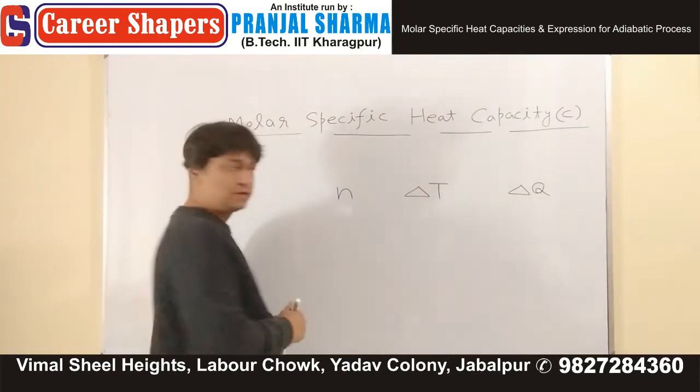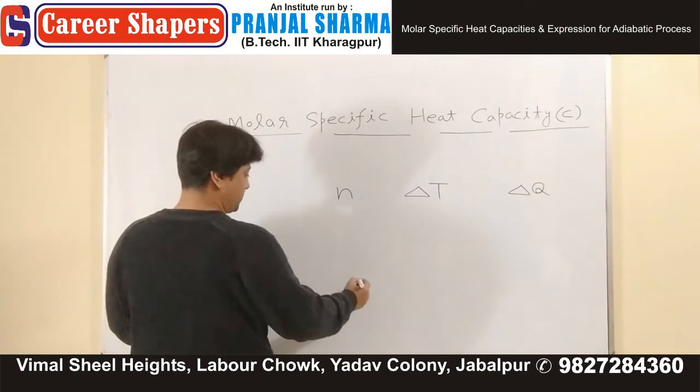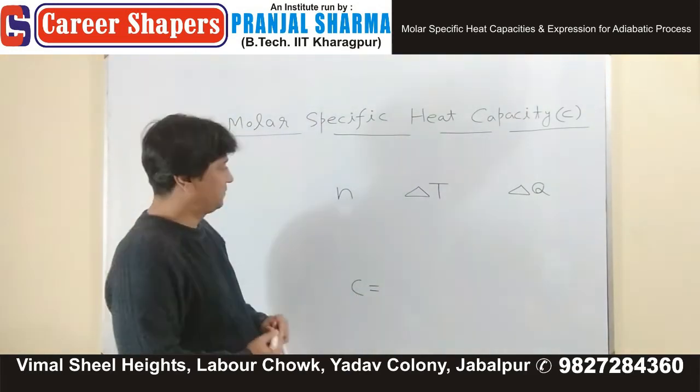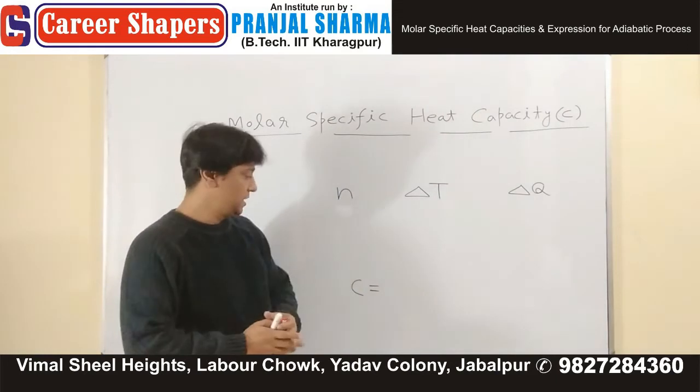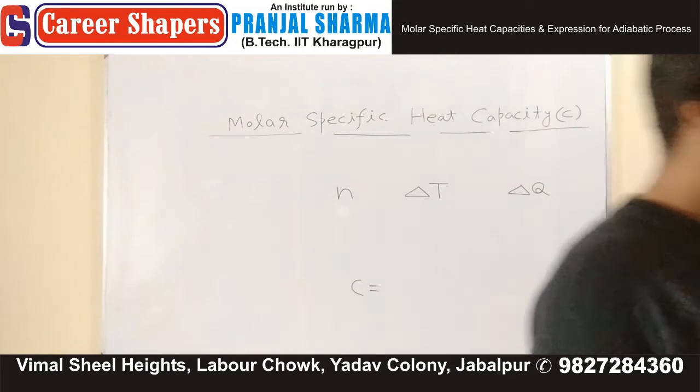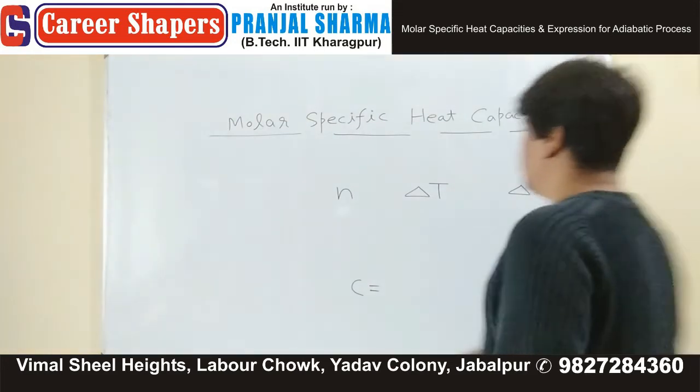Using these, who can get me C? What is C in terms of n, delta T and delta Q? Write down fast in the comment box. Good. Look here.